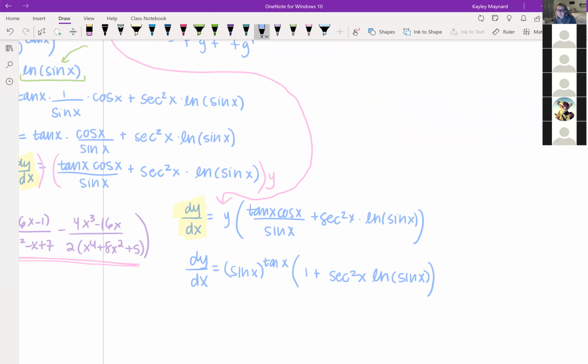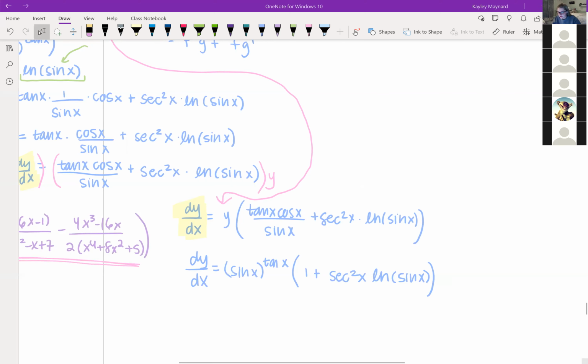I didn't want to get stuck in the simplifying and confuse the differentiation part. But yes, good observation. It does simplify down to 1.